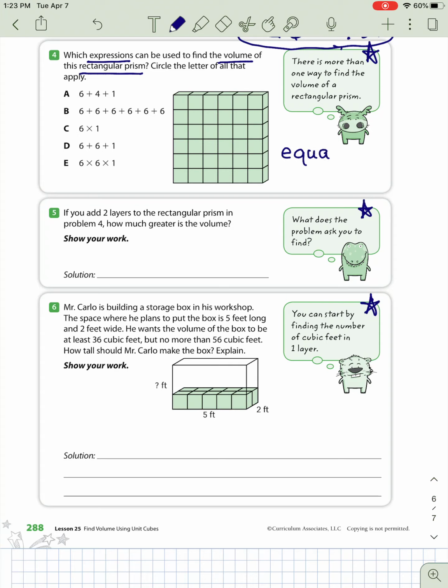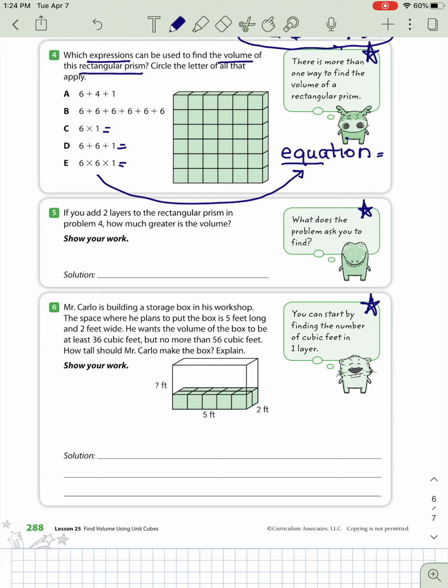Remember, an equation, you can see the word equal, so it has an equal sign. An expression does not. That's simply the difference. If I put an equal sign here, this just became an equation. If I put an equal sign there, it's now an equation.